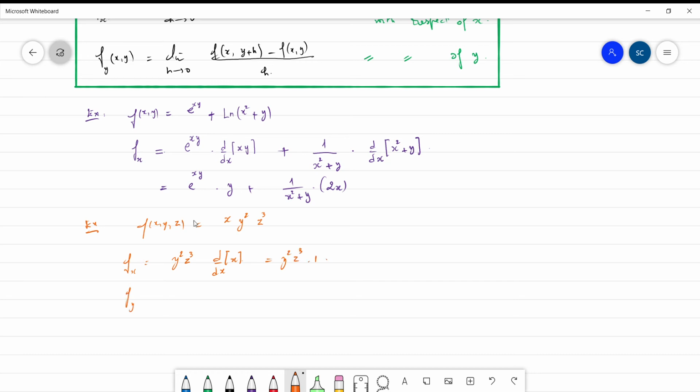If I want fy, I will have x and z³ as factors, and d/dy of y², which gives me 2y, so we will have 2y x z³.